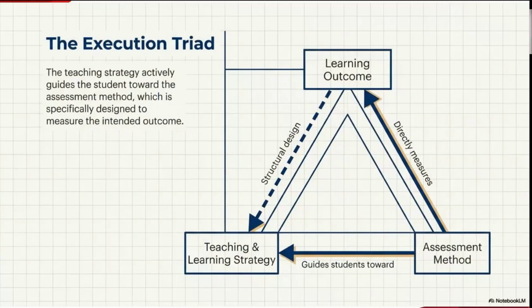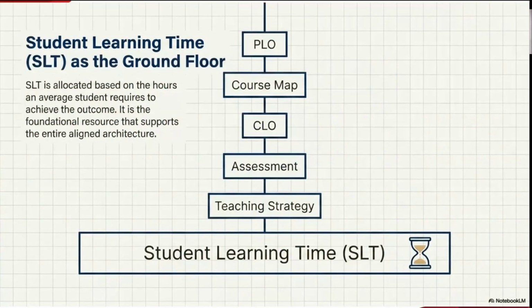And then finally, we formulate the teaching and learning strategy that will allow the students to do the assessment as well as achieve the learning outcome. So PLO, then the course mapping, then we formulate the CLO, the assessment strategy, the teaching strategy, and finally, we go to the student learning time.